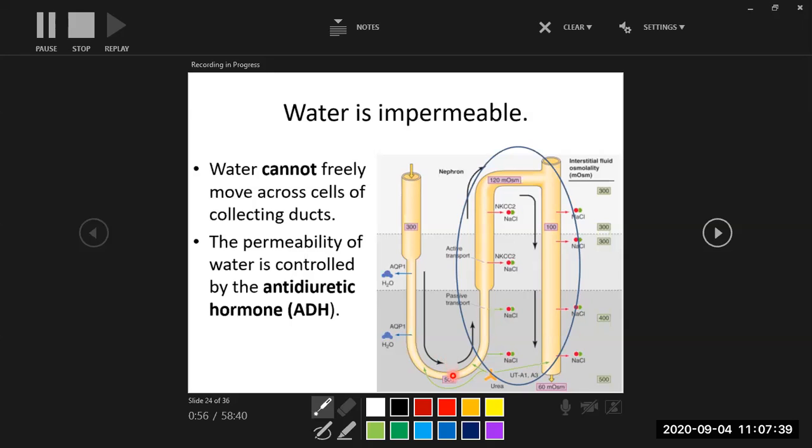However, after the loop of Henle halfway through, the remaining portion is basically water impermeable. So here you can see that this portion is water permeable, but the remaining portion is water impermeable. That water will stay in the tubule and get peed out.